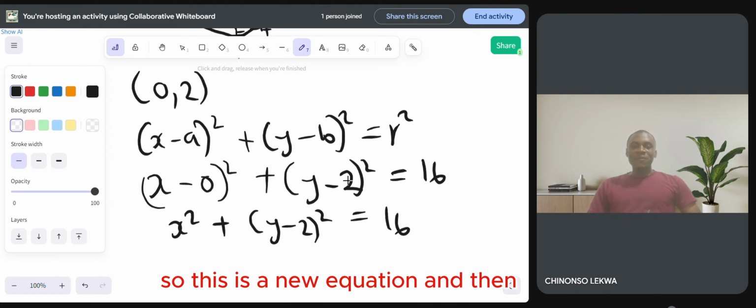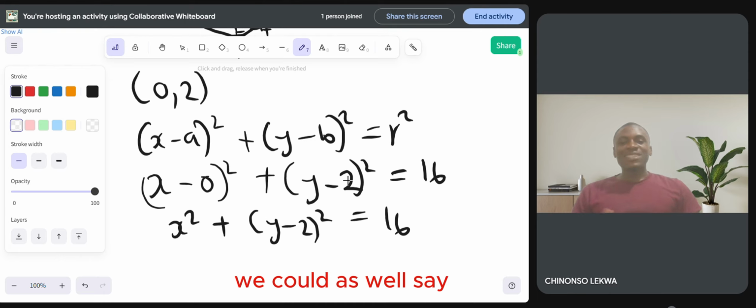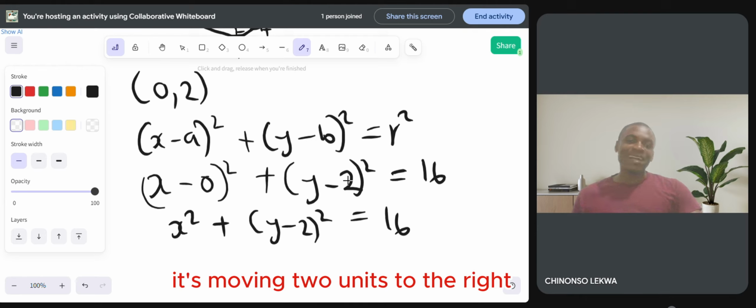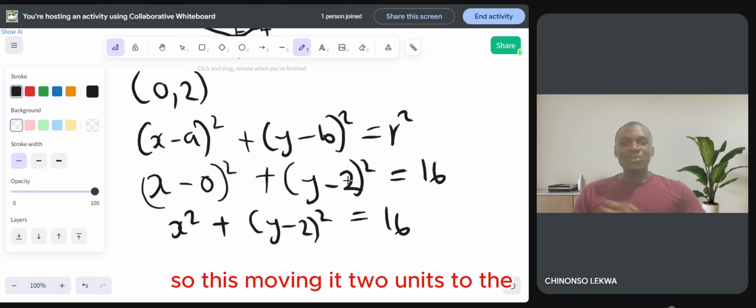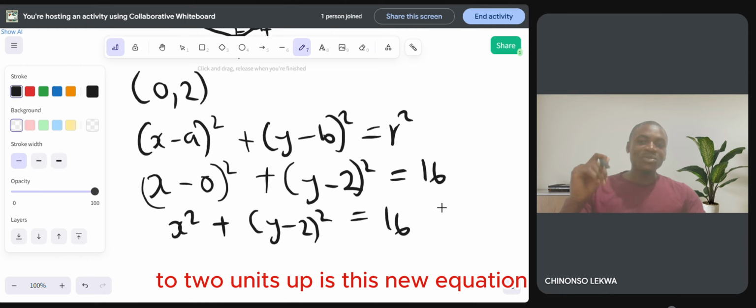This is the new equation. We could as well say it's moving 2 units to the right, 2 units to the left, and so on. So moving it 2 units up gives this new equation.